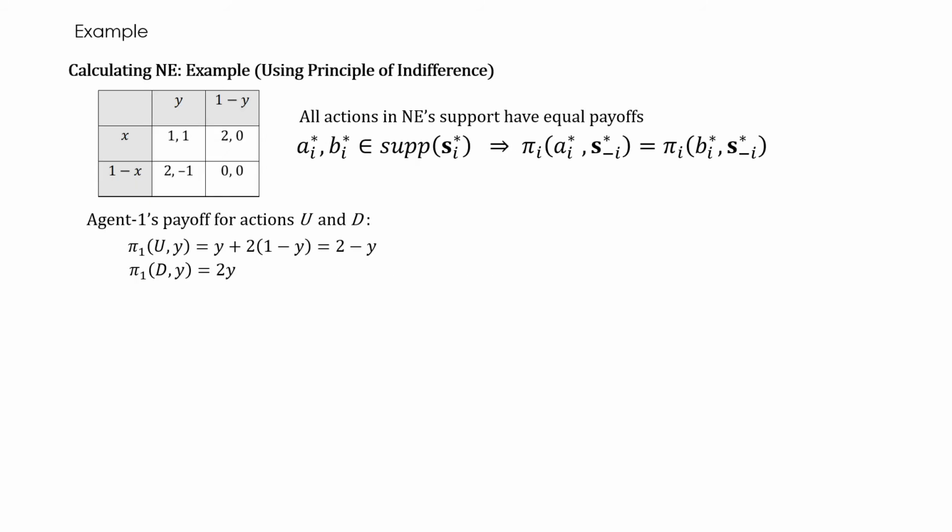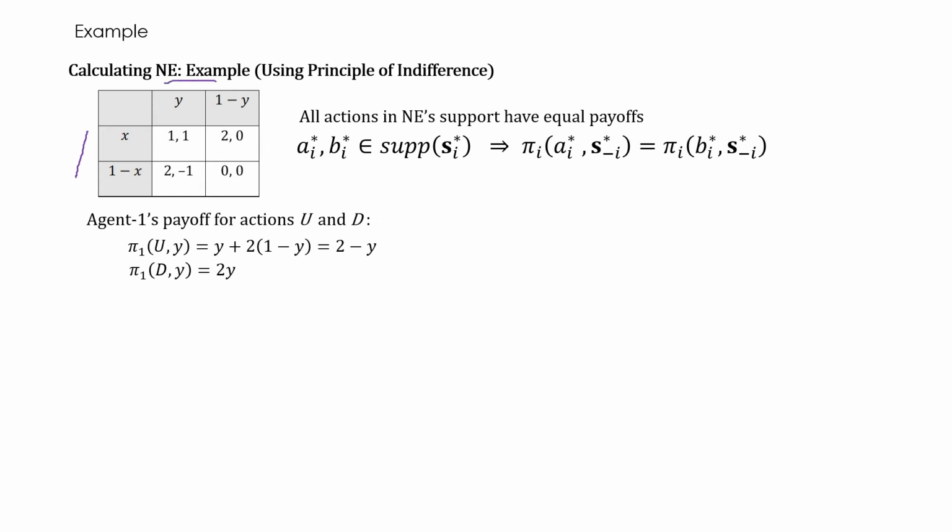So let's see how to compute the NE using the principle of indifference. So we have two agents here, the row agent, agent 1, and the column agent, agent 2.